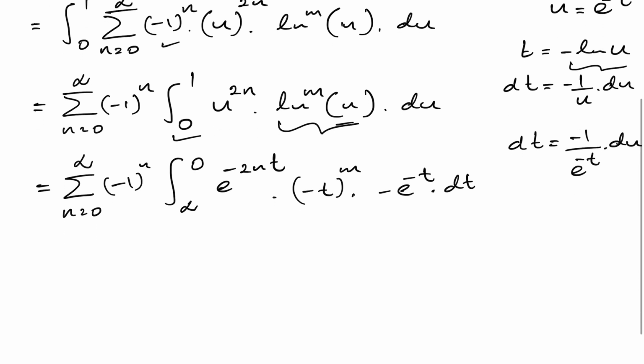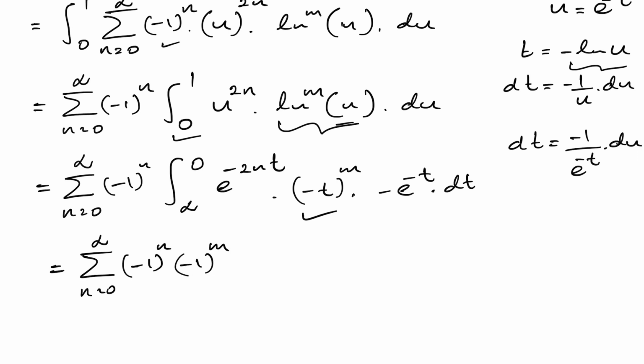Okay, let us simplify. Again the sum from 0 to infinity of minus 1 to the n. Here we have minus 1 to the m power. Now we can interchange the boundaries to 0 to infinity.